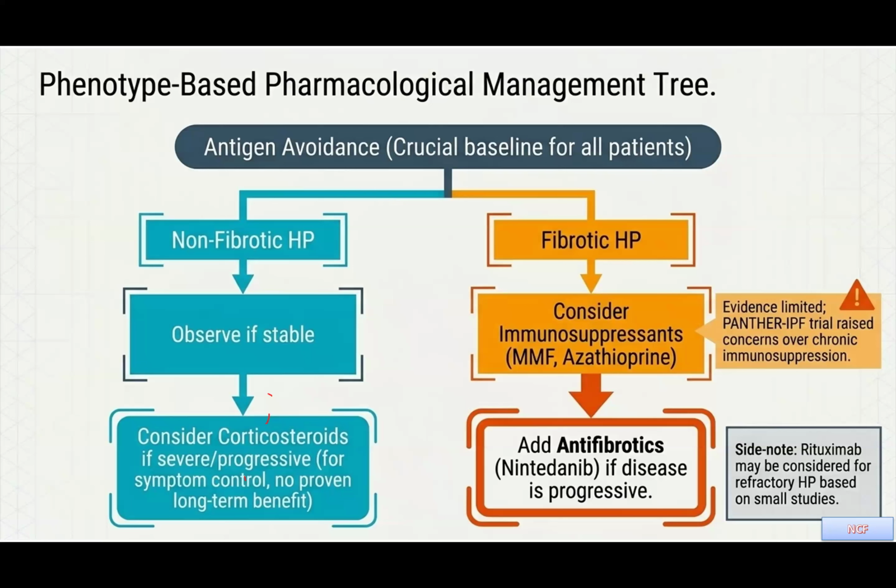Now, in fibrotic HP, you have to consider immunosuppressants, mycophenolate mofetil, azathioprine, and you might add an antifibrotic, that is nintedanib, if the disease is progressive. And in these cases, you can consider rituximab if the HP is refractory. However, the studies on rituximab are very small.